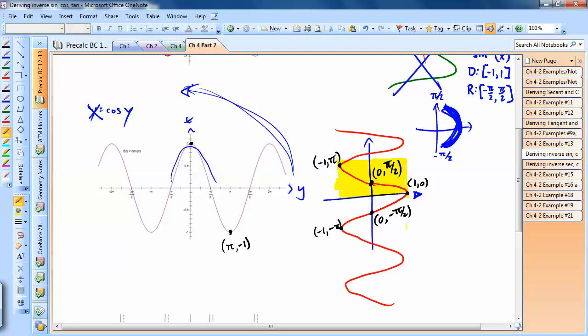And that forces it to be a function because it does pass the vertical line test. So cosine inverse of x is really just this little window right there. Its domain is from negative 1 to 1, just like the range over here, and the range is going to be from 0 to pi.